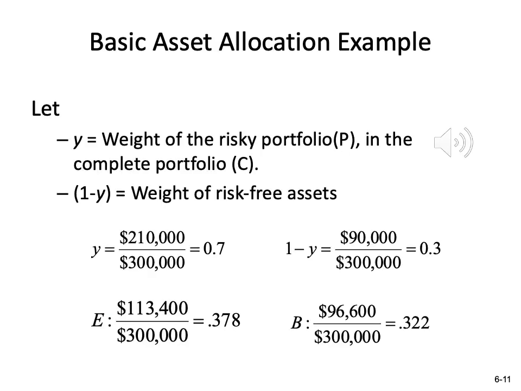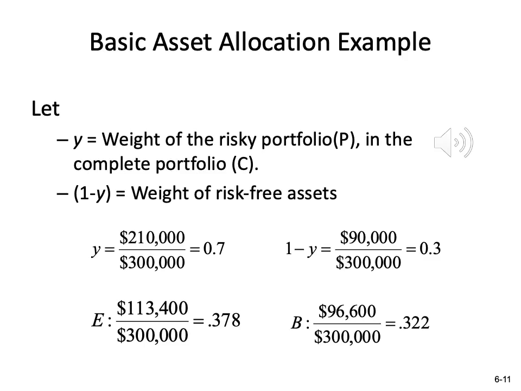Then we look at asset allocation in the complete portfolio. A complete portfolio consists of one risk-free asset and one risky portfolio. In our example, the risk-free asset market value is $90,000. The market value of the risky portfolio is $210,000.